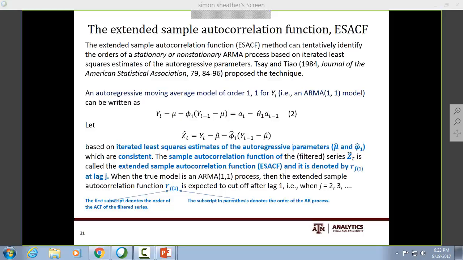Now, guys, I'm going to show you a rule about how to look at this extended sample autocorrelation function. We're going to look at triangles. If you're not a math person and you don't get excited by equations, don't worry. It's not important. What I need you to be able to do is look at this ESACF and interpret it.